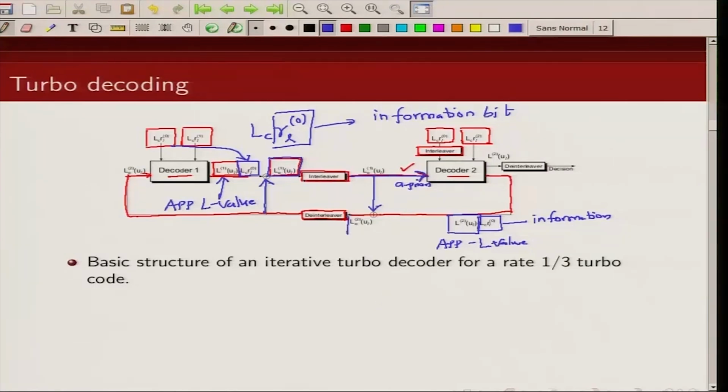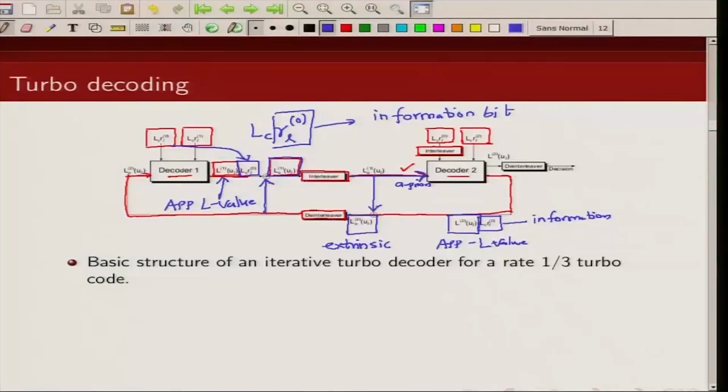So, what is left is my extrinsic information. For the second decoder, in a similar fashion, I subtract from the APP value the contribution of the information bit and the contribution of the a priori knowledge. What is left is my extrinsic information.